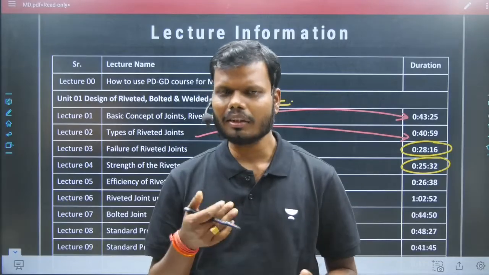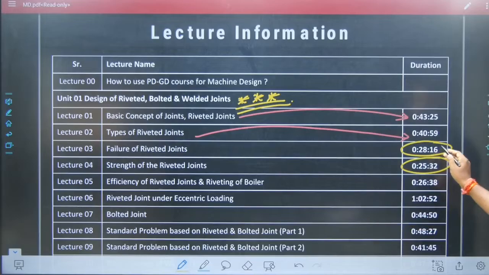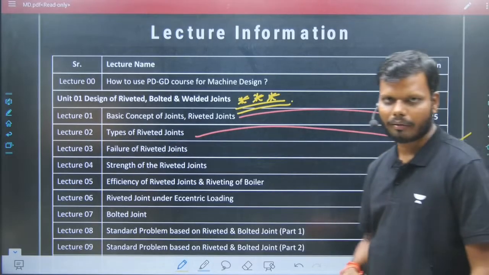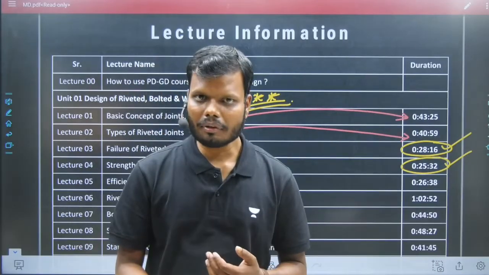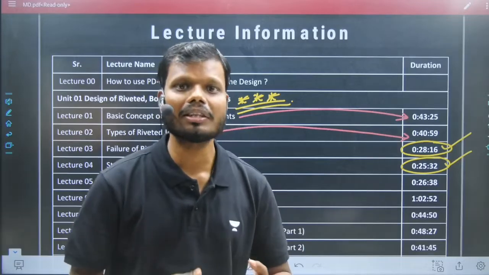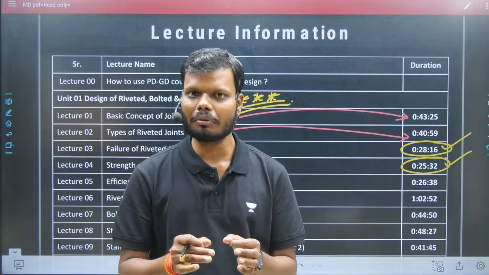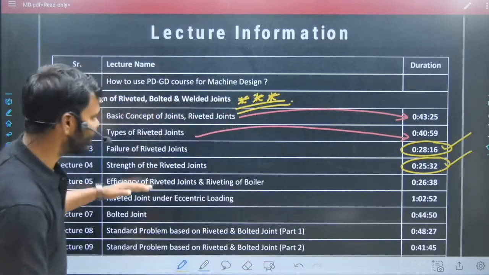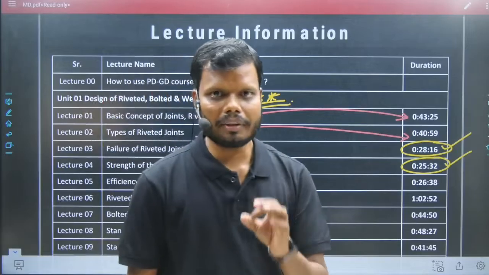So first of all, what is the failure criteria of a riveted joint, and after that, what is the strength of a riveted joint, that means the design parameters of riveted joints. All these important topics will be covered lecture wise, which is very useful for every aspirant.